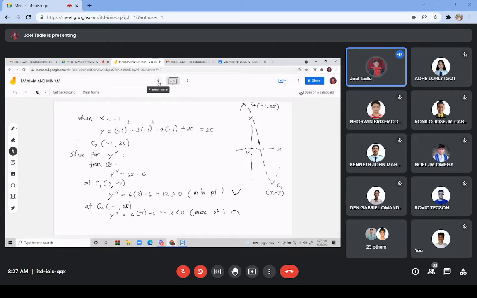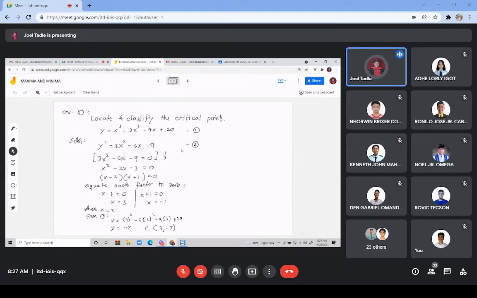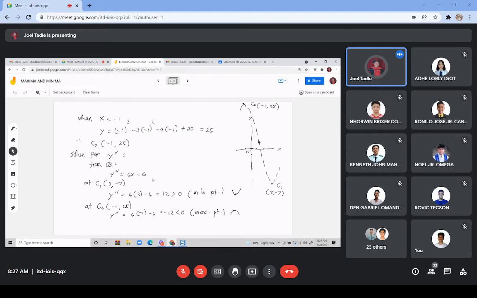So, pagkuha sa y double prime, arita sa equation number 2, from y prime equals 3x squared minus 6x minus 9. So, ato na siyang i-differentiate. Y double prime is equal to 6x minus 6. Niya, at critical point number 1, 3, negative 7, ato na siyang ma-check kung maximum ba ni siya or minimum.